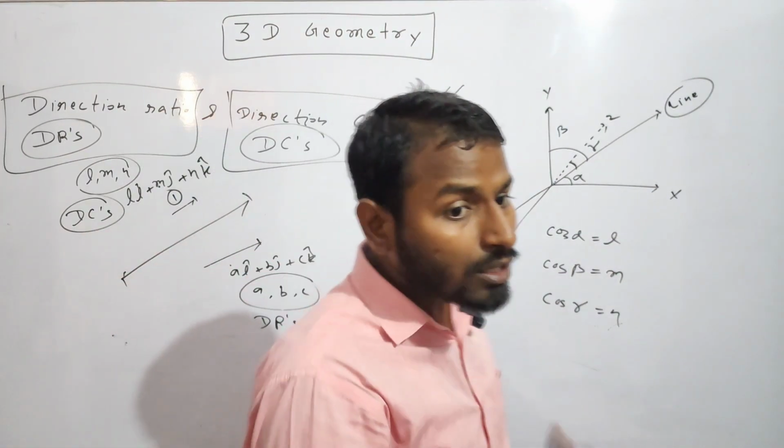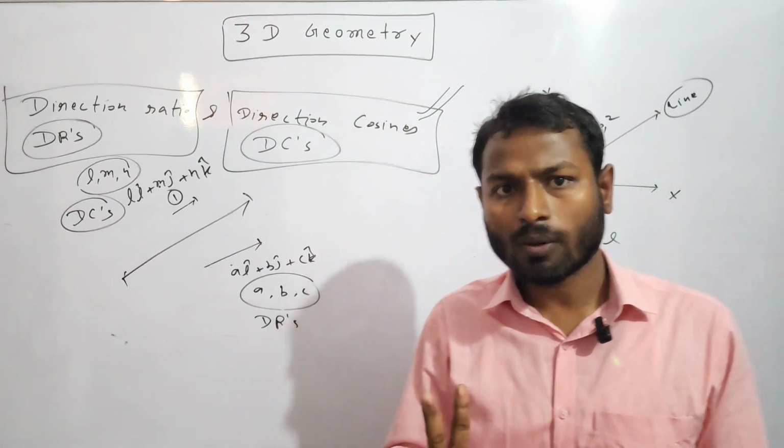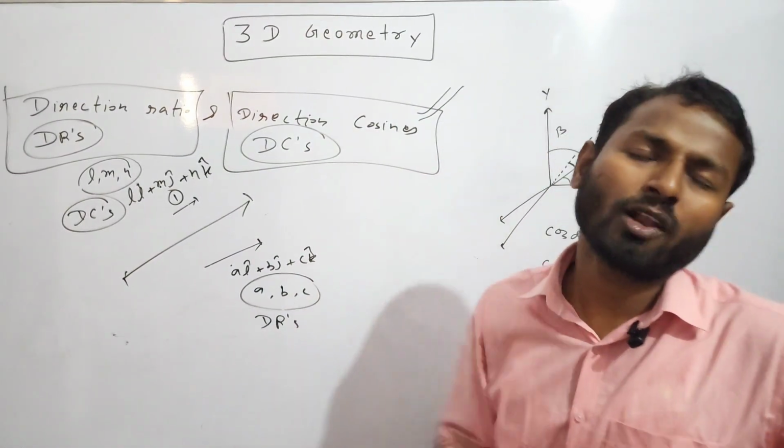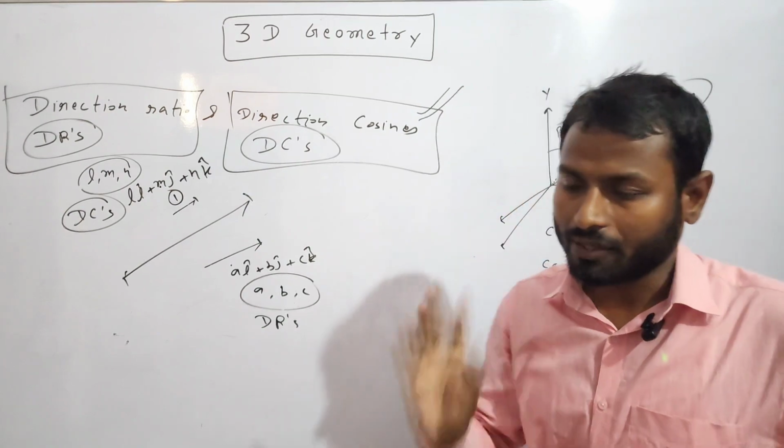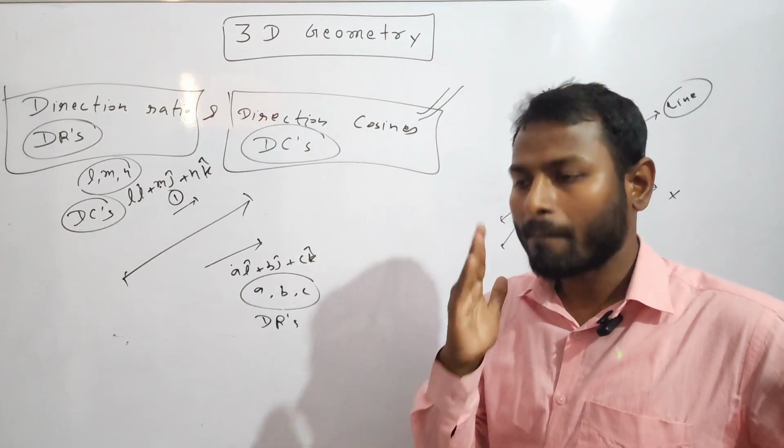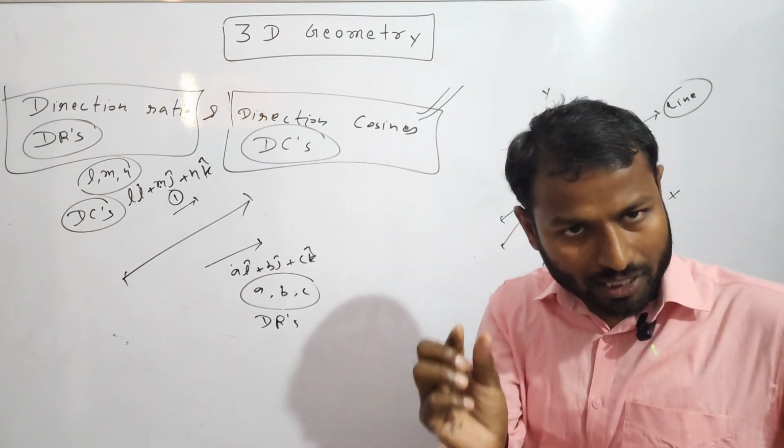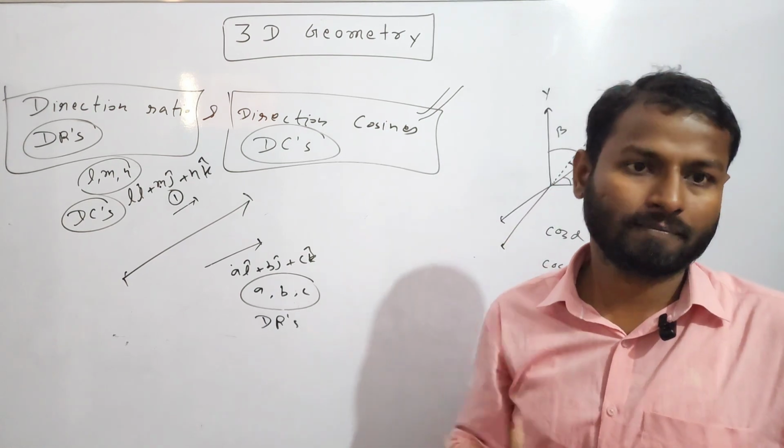Here, direction cosine and direction ratio, in simple words, remember, direction cosine means a unit vector parallel to a line.